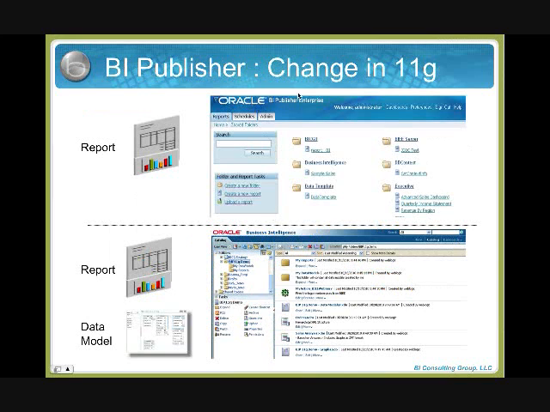Now, the additional change to the template builder is that in former releases, as of, for example, 10g, the user could only query or search for objects like reports. Now in the 11g release, we can not only browse through reports, but we can also query and browse through data model objects. What does it mean?